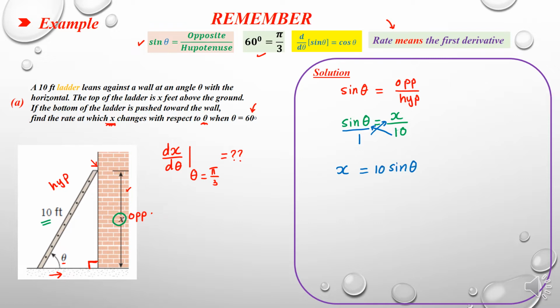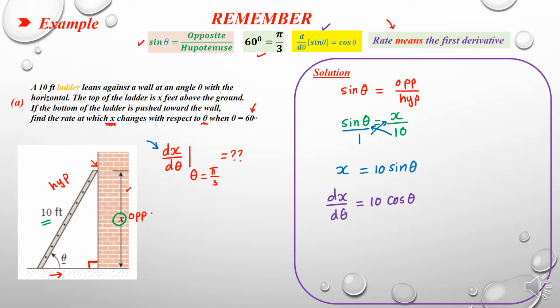Now we have a function x with respect to theta, and you have to find the derivative, or the rate of change of x with respect to theta. So dx by d theta equals 10 multiplied by cosine of theta, since the derivative of sine is cosine.